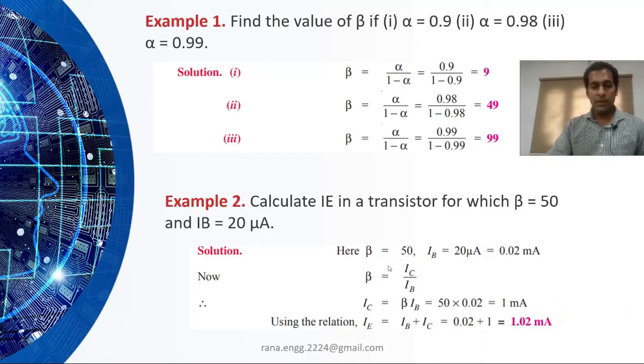So here beta is 50, IB is 20 microampere, so that is 0.02 milliampere. We know beta is equal to IC by IB, so IC is equal to beta IB. So we can calculate the current IC. If we know IC, we know the basic relation: the emitter current is getting divided between IB and IC. So the total current here will be 1.02. Right.